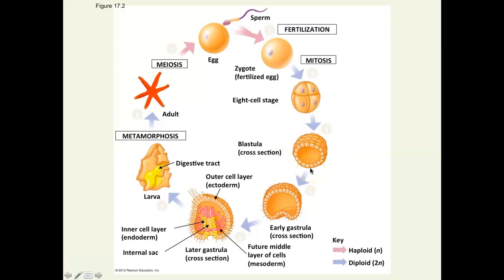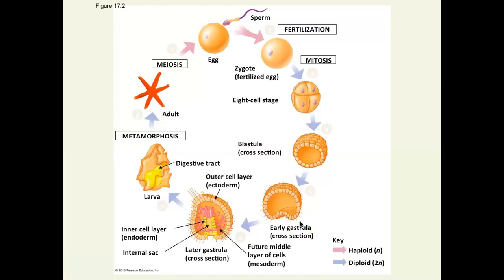So the embryo of all animals will form a hollow ball, and then that hollow ball will go on and form different kinds of structures and different tissue types. But these initial stages where you have a blastula and a gastrula, those are conserved. So all animals will have these stages of development, which is what number 4 means.